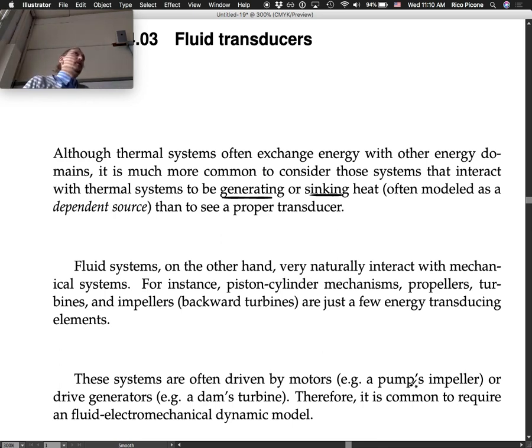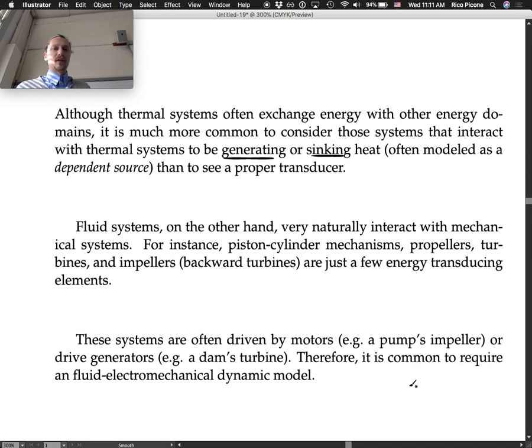Or you could have the piston driving the fluid. That would be one example. Propellers, turbines, and impellers, which are just backward turbines. There's just a few energy transducing elements. These are very commonly encountered in mechanical engineering, these sorts of systems.